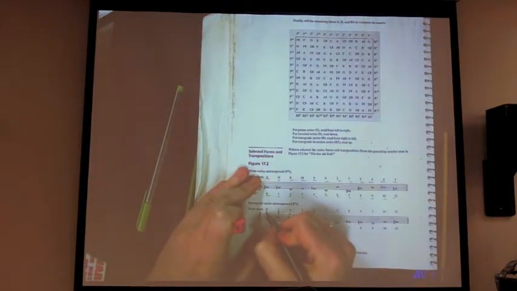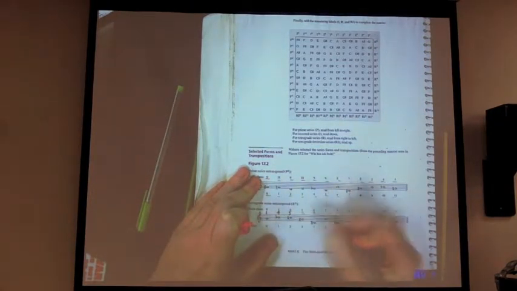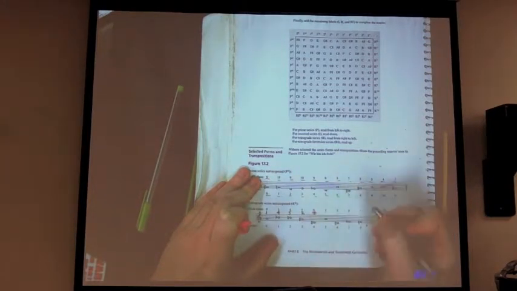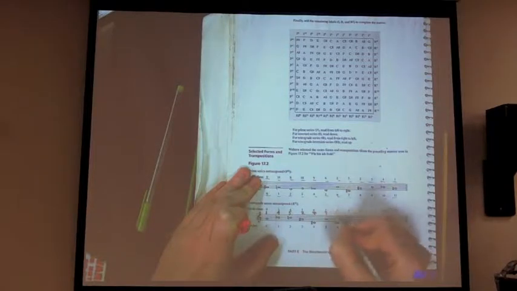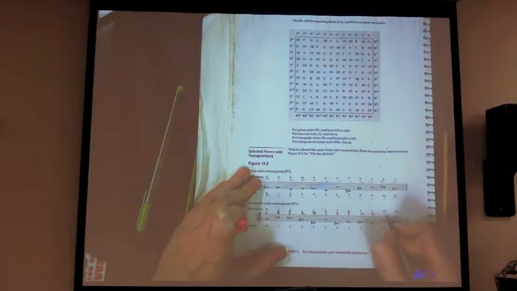So this is 1, 4, 5, 2, 7, 3, 6, 9, 10, 8, 11, and 0.